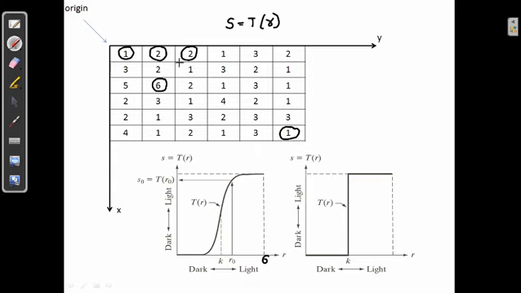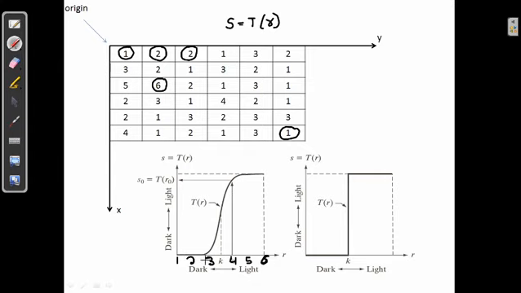What is the least value in this image? 1. So totally there are 6 intensity values.